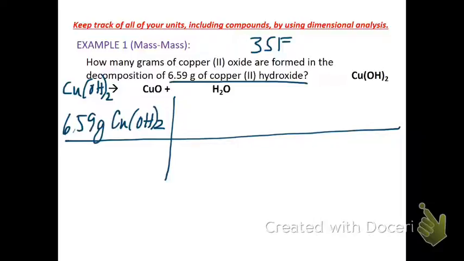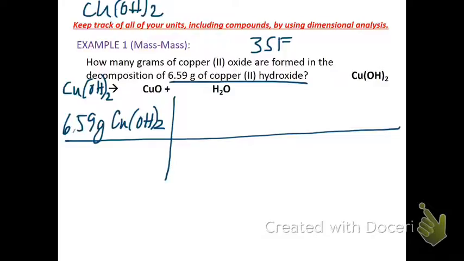Okay? So I'm going to need the molar mass of copper hydroxide. So we'll jot it down up here. Okay. So copper hydroxide. It won't let me write at the top of the thing. Okay?